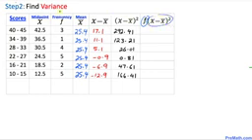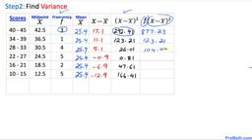That means we're going to be multiplying this frequency column and this squared column. Okay, let's multiply these numbers. 3 times 292.41, we have to be very careful with these calculations now, is 877.23. Likewise, if we multiply the next numbers, we're going to get 123.21, 104.04.